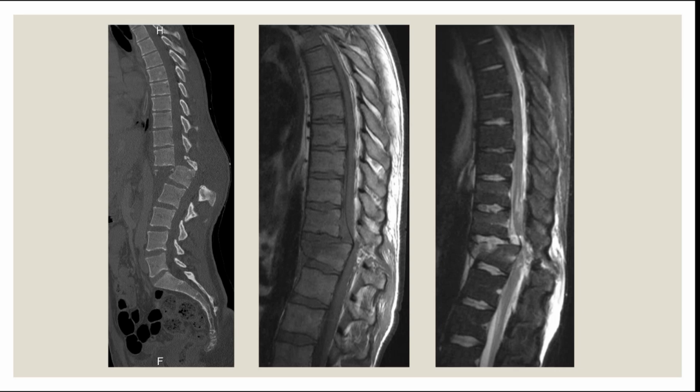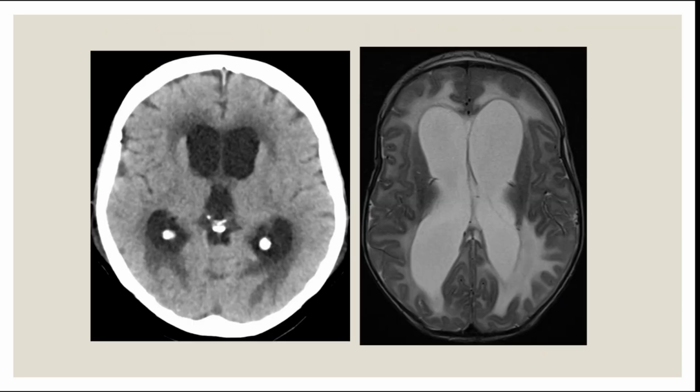So this is the spine. There are different images: CT, MRI T1, MRI T2. There is a fracture of the spine. It's an unstable fracture, and I think that's all you have to say about this.